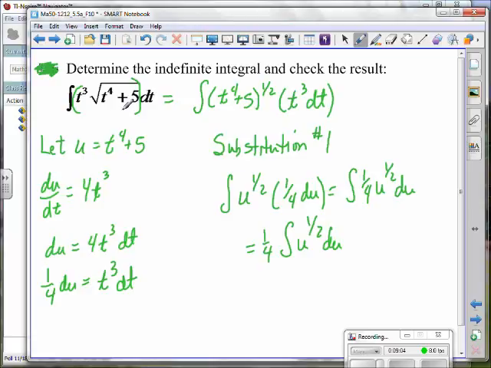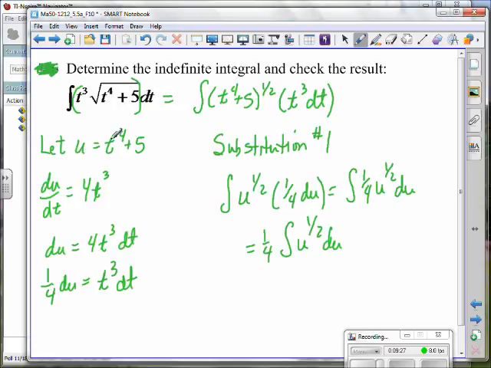Okay. How did we get there? Well, these are the patterns you look for. And the pattern I'm looking for is, you can't always go for the most complicated part of it, but I'm looking for an inside function. Something that I can rewrite to make it look really simple. And so if I let this be u, then I've got u to the 1/2 instead of the square root of this.